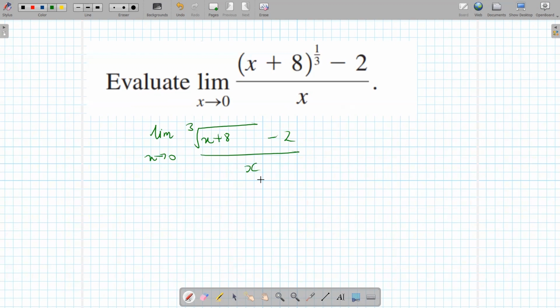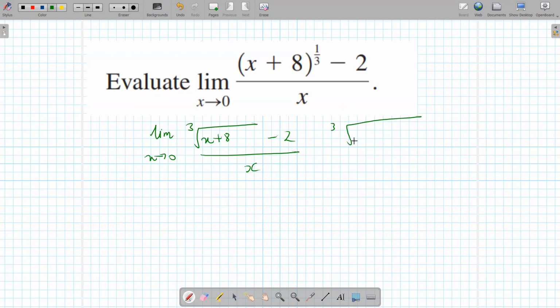So what do we multiply it by? I guess it's the question. Itself. Would that work? No, let's see.